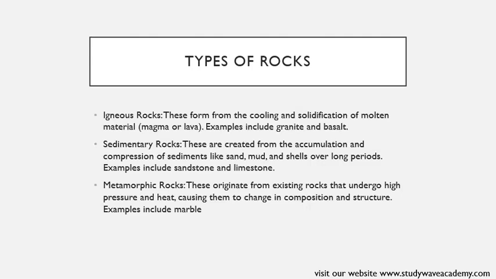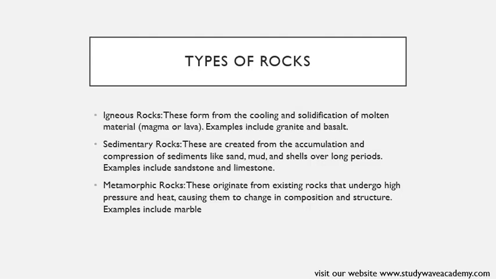Third, metamorphic rocks. These originate from existing rocks that undergo high pressure and heat, causing them to change in composition and structure. Examples include marble. These rocks change and transform.